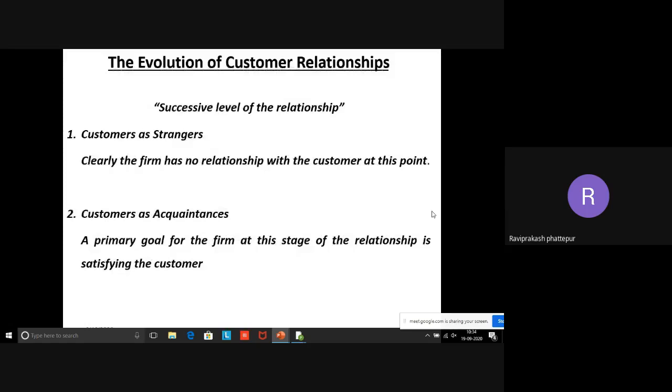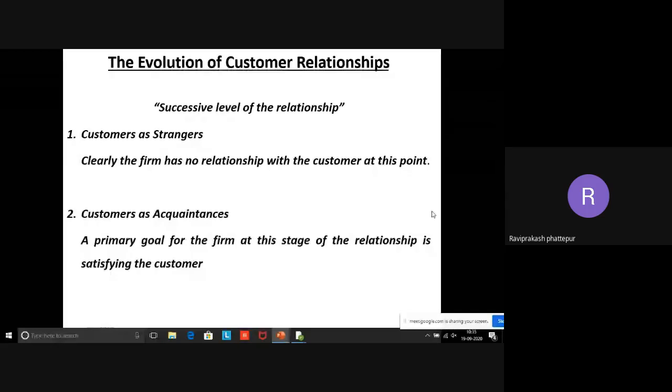Next is evolution of customer relationships. Okay, there are different levels of relationships which you can have, based on the time duration and the type of service. First, customers as strangers. Strangers are those customers who have not yet had a transaction with the firm or may not even be aware of the firm.